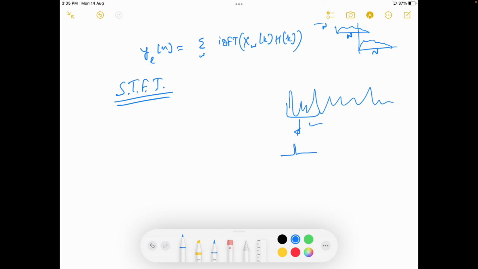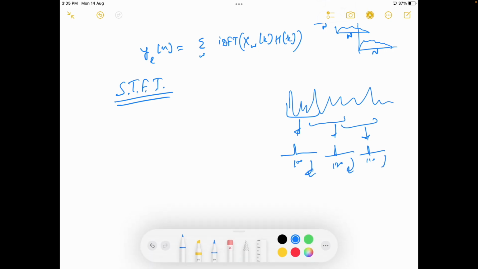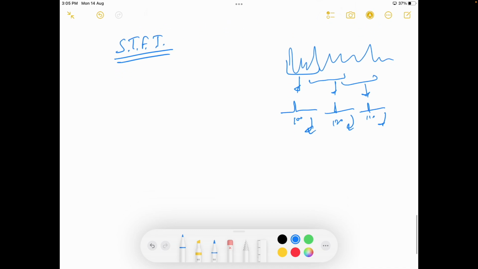And then I took the next window. It could be an overlapping window also. I got another, maybe the frequency changed. Here the frequency was 100. After some time my frequency changed to 120. In the next window, my frequency changed to 110. So now what I will do is I will take the transpose of them.